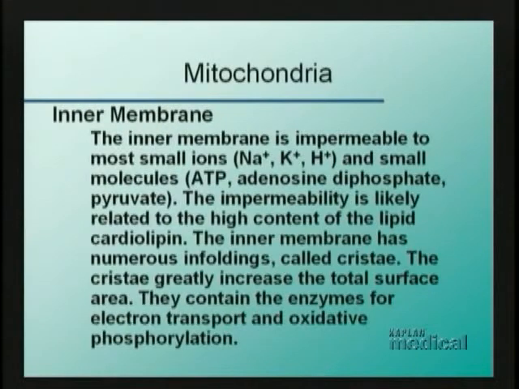But the key element of the mitochondria is the inner membrane, which is highly impermeable to small ions. These inner membranes are thrown into distinct folds called cristae, which dramatically increase the total surface area of the mitochondrial interior. As we know well from biochemistry, it is these cristae, these inner membrane foldings, that contain the enzymes for electron transport and oxidative phosphorylation.